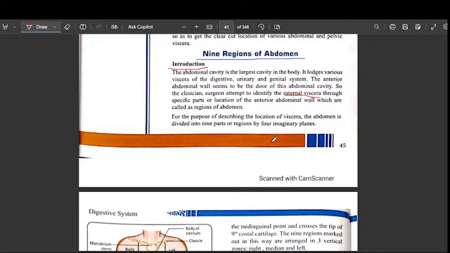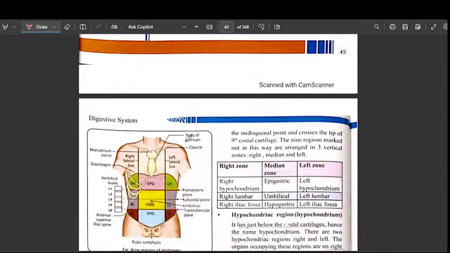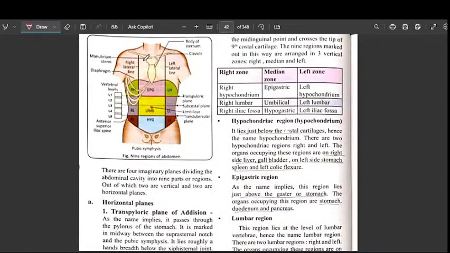For the purpose of describing the location of viscera, the abdomen is divided into nine parts or regions by four imaginary planes. So what we can see, the four imaginary planes are taken as if we are playing tic-tac-toe. This line one, two.